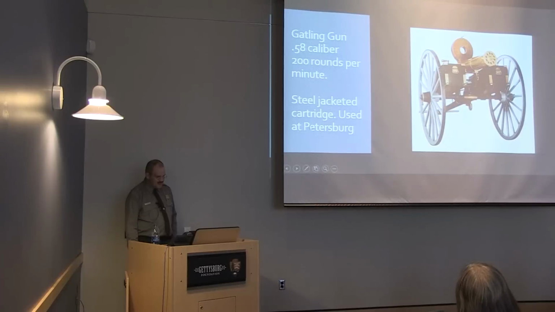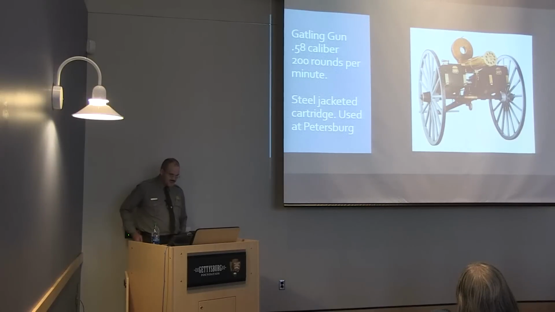There was the Gatling gun then. Its two claims to fame during the war was it was used in the trenches of Petersburg the last year of the war. This may be an urban legend, but there's been a story for years that for a show of strength, it was brought to the draft riots in New York City in July of 1863. But that's sometimes disputed. It would be more commonly used in other wars, like the Boer War.